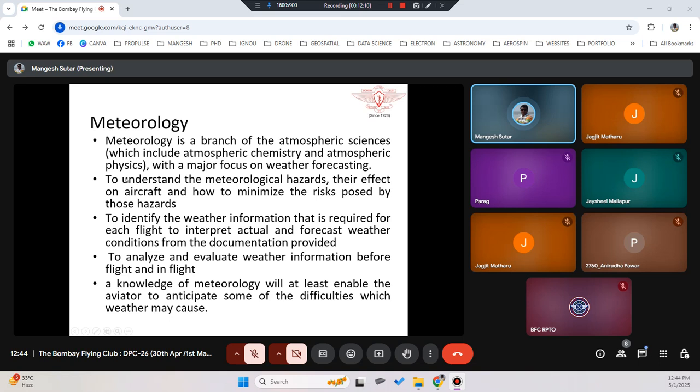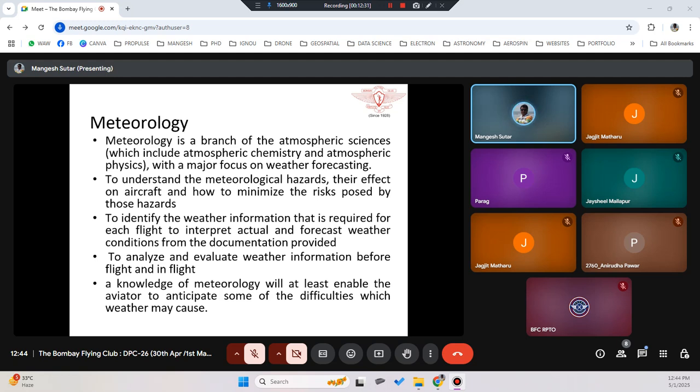Okay, so meteorology: to understand the meteorological hazards, their effect on aircraft, and how to minimize the risk posed by those hazards. Whenever I am planning a flight from Mumbai to say Delhi, Mumbai to Chennai, Mumbai to Kolkata, I need to study the weather. I first need to know the weather at my location, that is Mumbai.